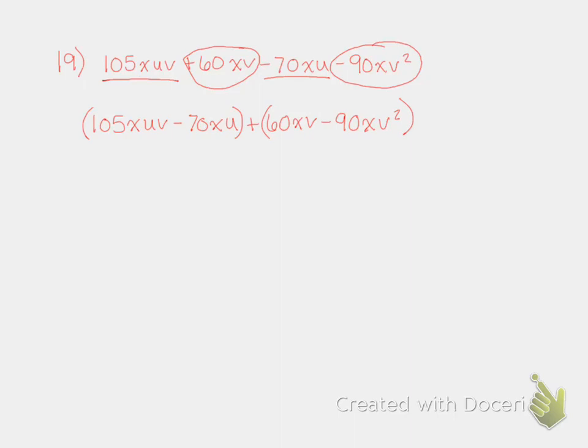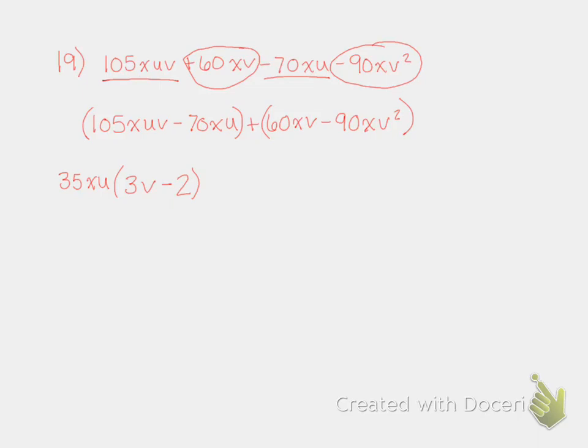If you have a calculator and you do some number crunching, you'll figure out that your greatest common factor is 35. Now what can you take out of your variables? I think you can take out an x and a u. So 35 goes into 105 3 times. You have v left over. 35 goes into 70 twice, and you don't have any variables left over.